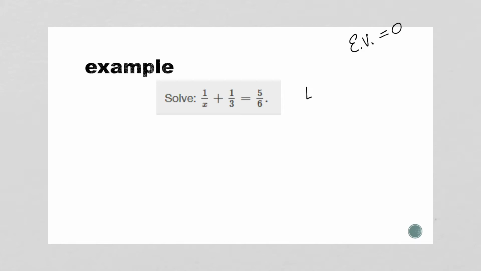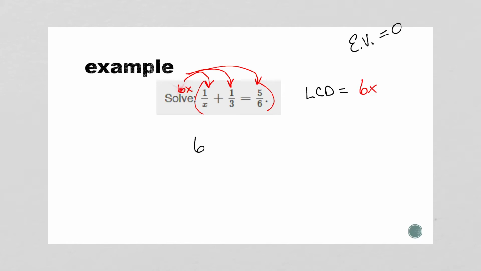Now, the next thing that I want to do is find my LCD. So what is my LCD between x, 3, and 6? Well, it is 6x. So we're going to multiply each and every term by 6x. Remember, you have to distribute to each term. When we multiply 6x times this, the x's cancel, and you're left with 6 times 1, which is 6.